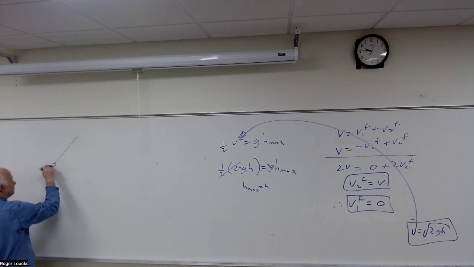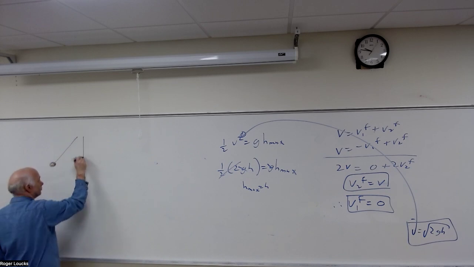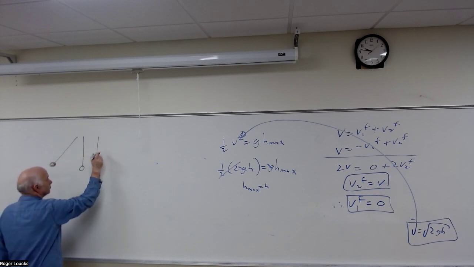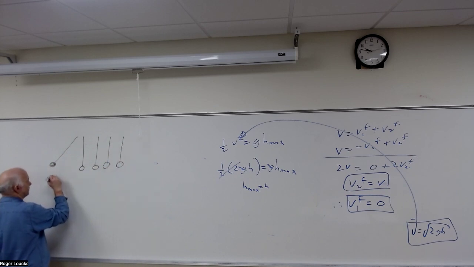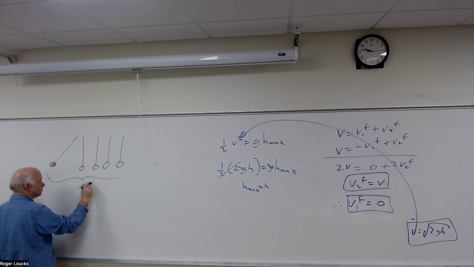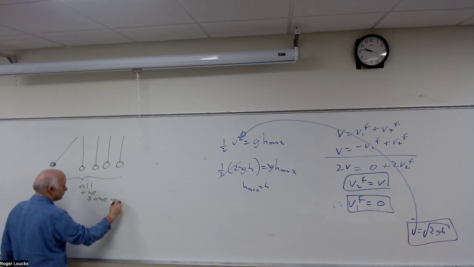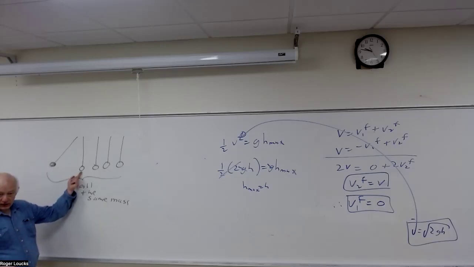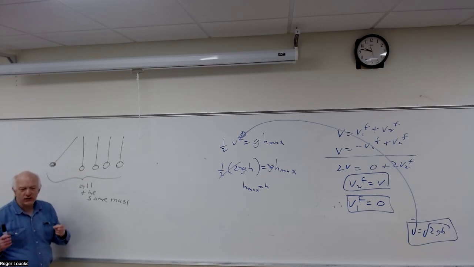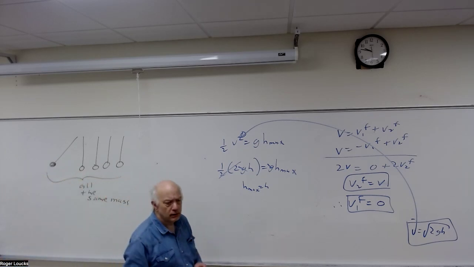We have this. Okay, these are all the same mass. So what happens here? This one swings down, collides elastically with this one. And again, why is it approximately elastic?